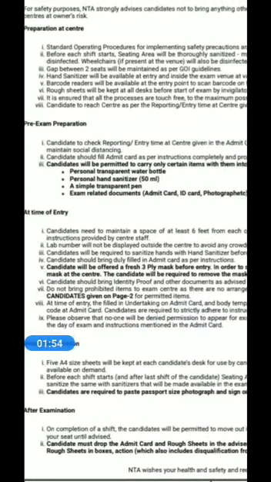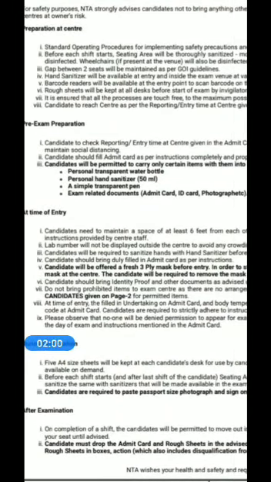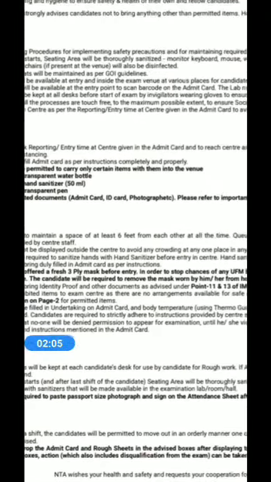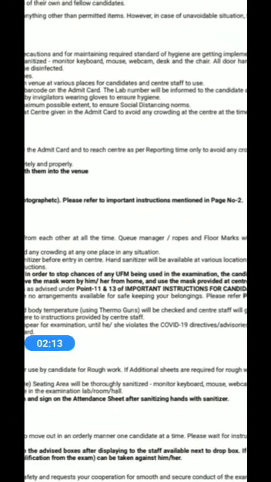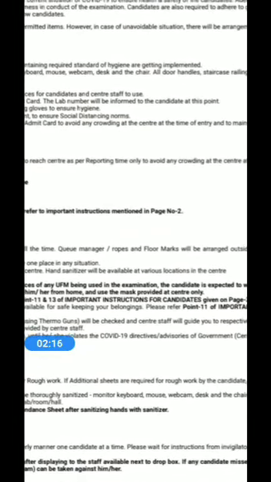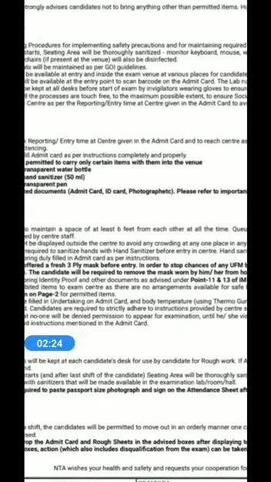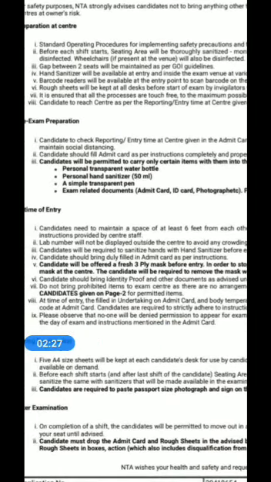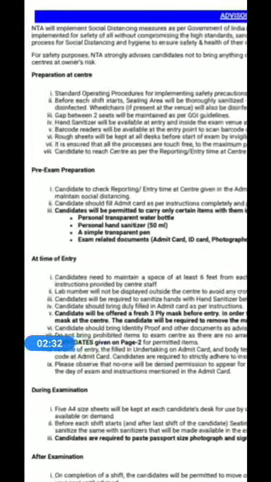And then after the examination, I'm going to read this bold letters sentence. The candidate must drop the admit card and rough sheets in the advised boxes after displaying them to the staff available next to the drop box. If any candidate misses to drop the admit card or rough sheets in the boxes, action can be taken against him or her.